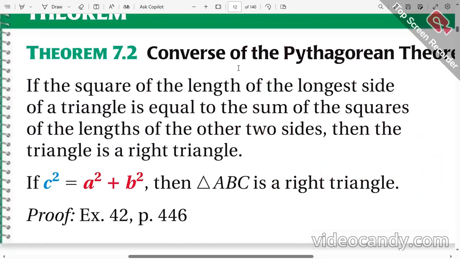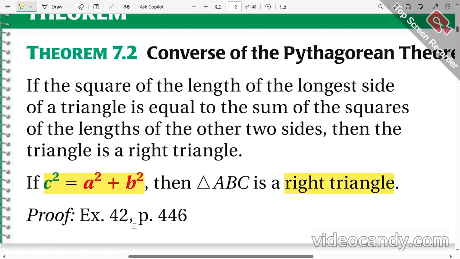All right, so this is the converse of the Pythagorean theorem. It just says if the square of the length of the longest side is equal to the sum of the squares of the two lengths of the other sides, then the triangle is a right triangle. The bottom line is this. If c squared equals a squared plus b squared, then ABC is going to be a right triangle.